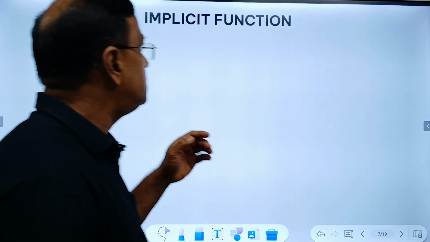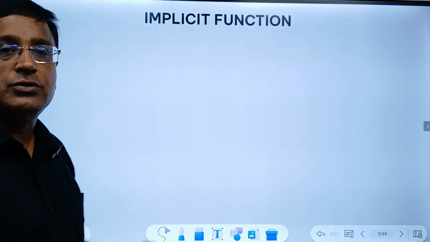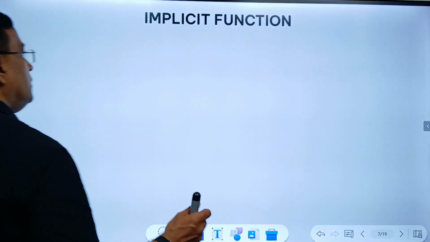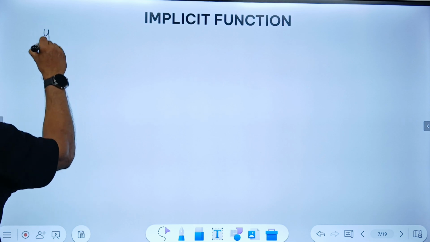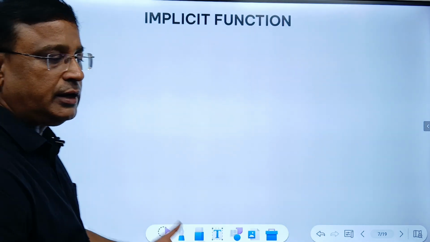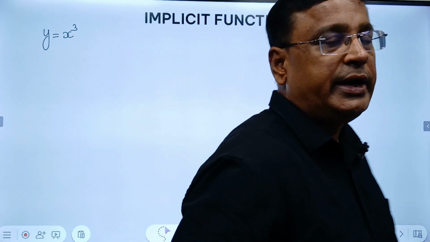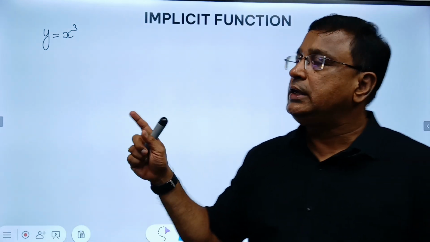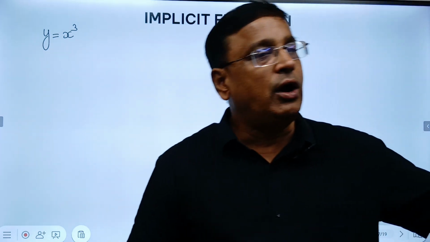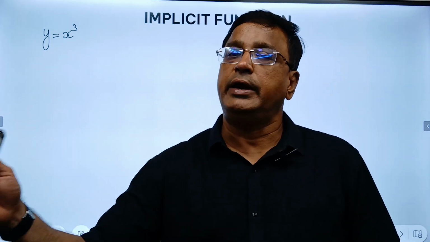Now we are going to start with the next unit called differentiation of implicit function. Now, what is an implicit function? First of all, when I write a function like y equal to x cube, clearly y is given directly in terms of x, where on the left hand side you have y and on the right hand side you have x cube.